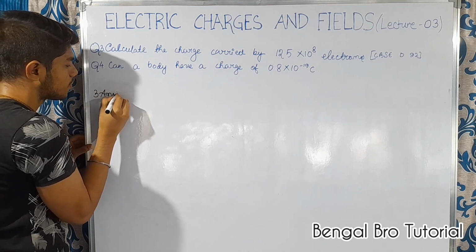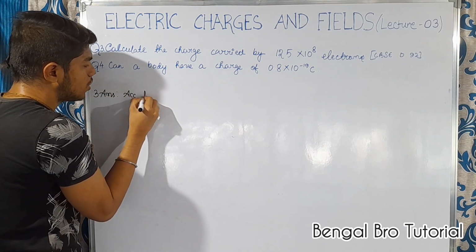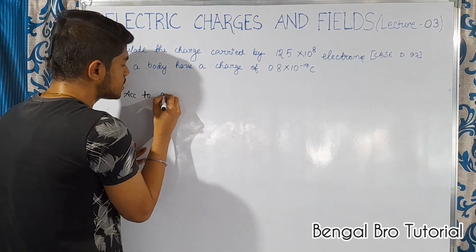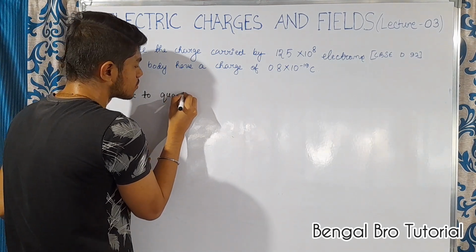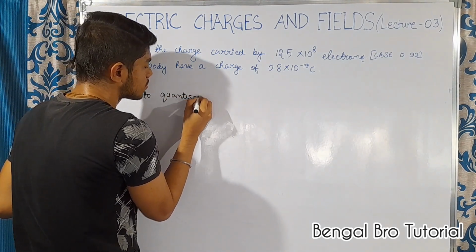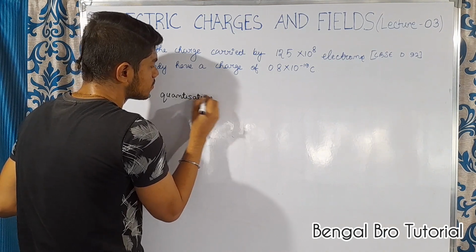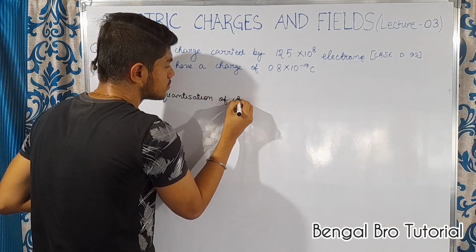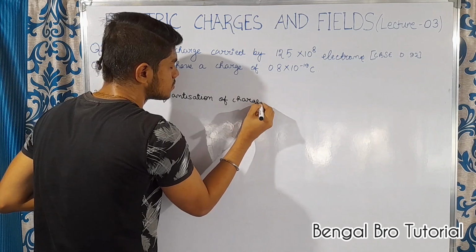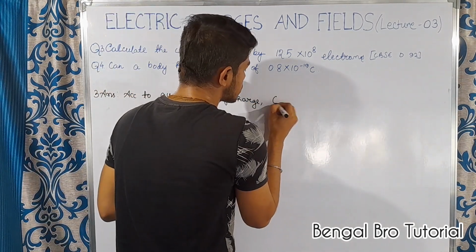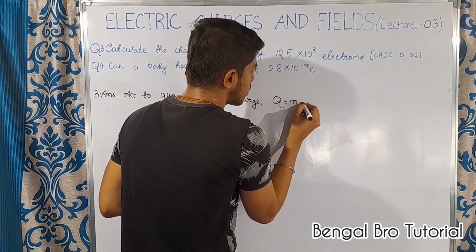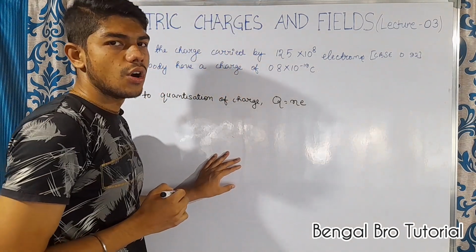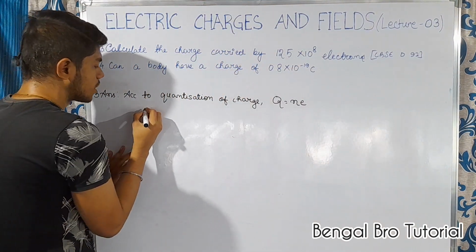So, according to quantization of charge, the total charge Q is equal to number of electrons into charge on one electron.